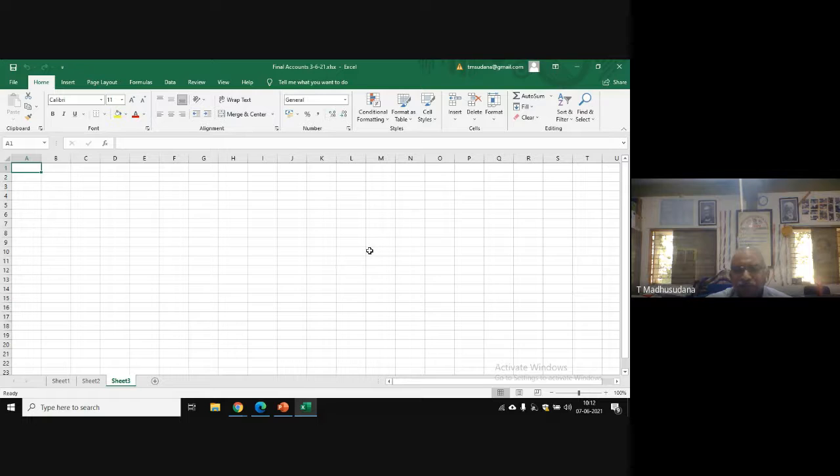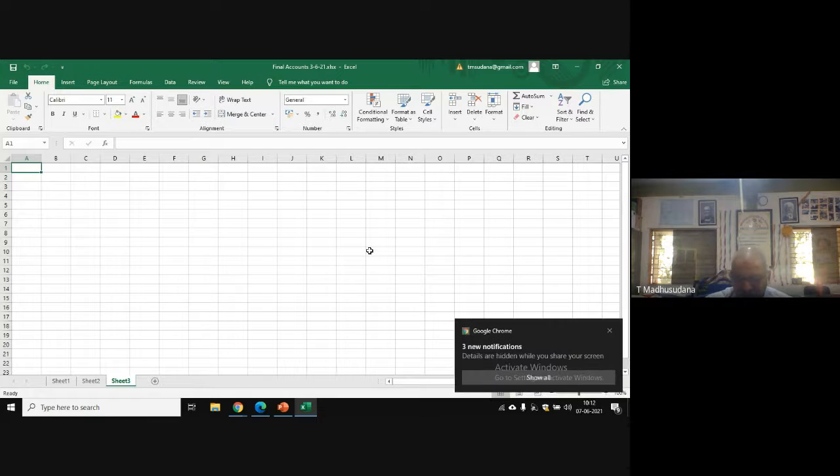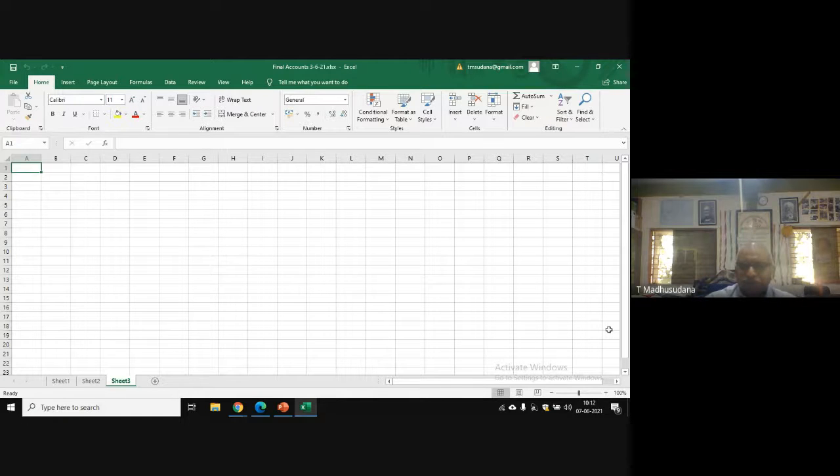So 2000 rupees is to be deducted from the sales. That means TCR. You have to deduct it from the sales. 1500, that is the TDR. We have to deduct this 1500 as purchase returns from the purchases.